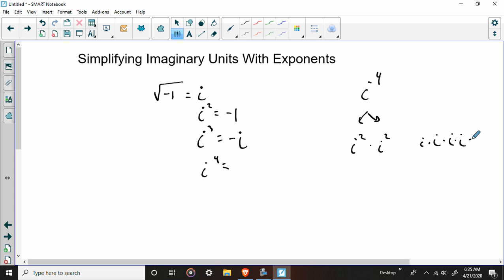Or i to the 4th, i times i times i times i. But again, i squared, we said, was -1. And -1 times -1 is, bingo, +1. So that is good news for us, because now not only do we get a real number, we get a real positive number.